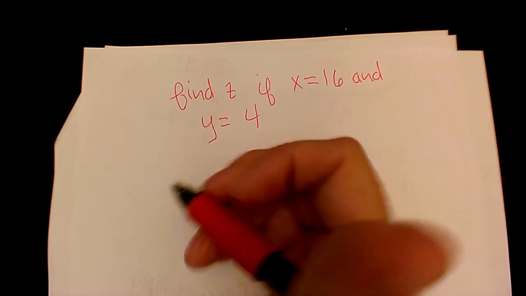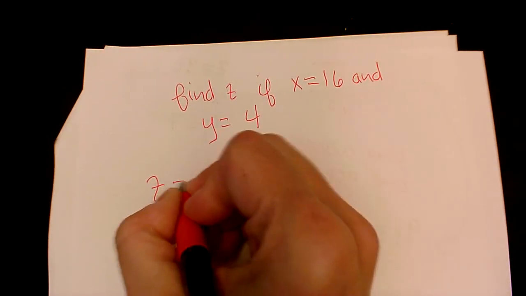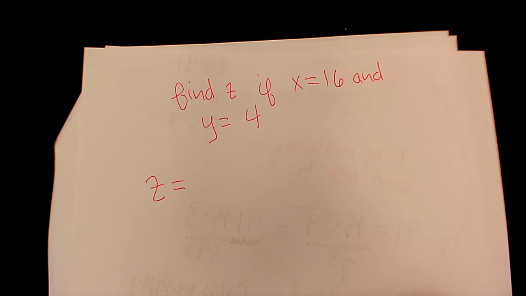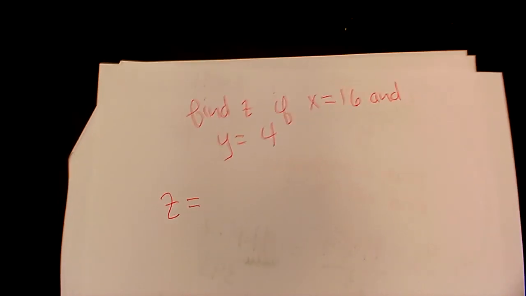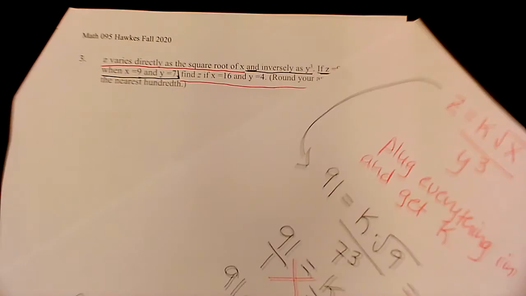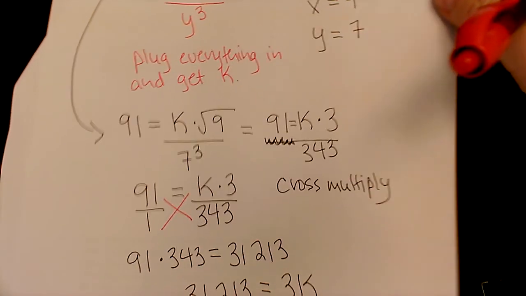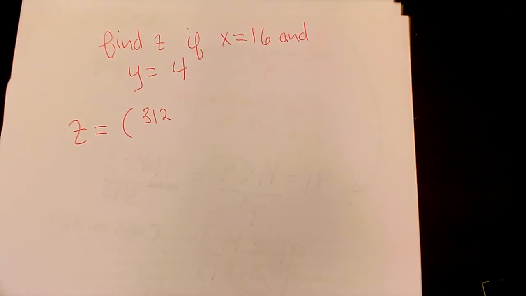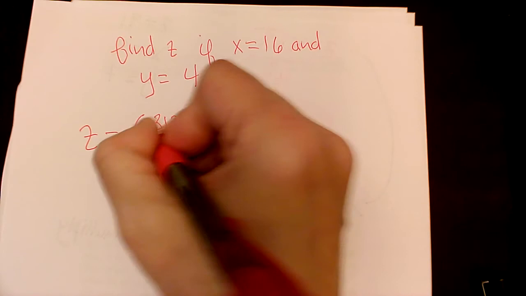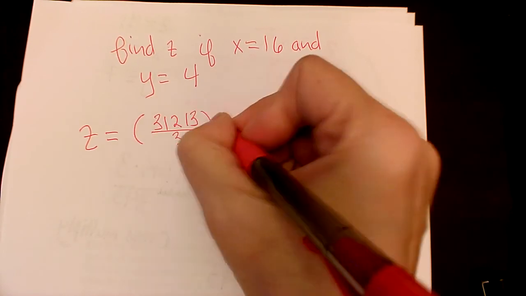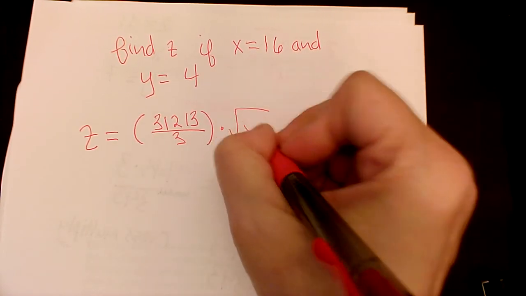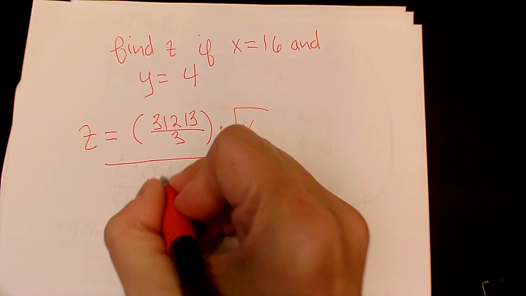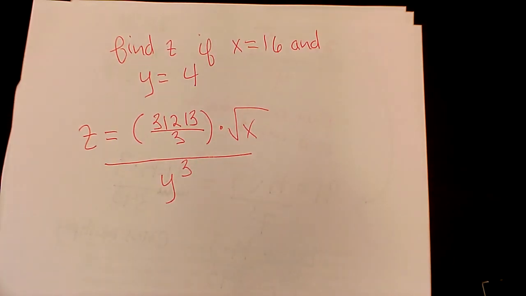Okay, let me rewrite that formula for you. Z equals 3 divided by 3 times the square root of x over y cubed.